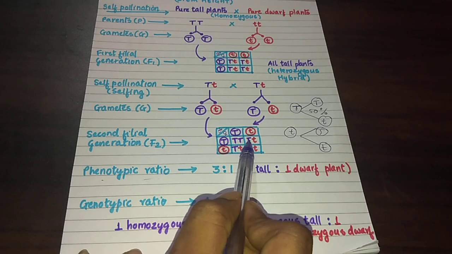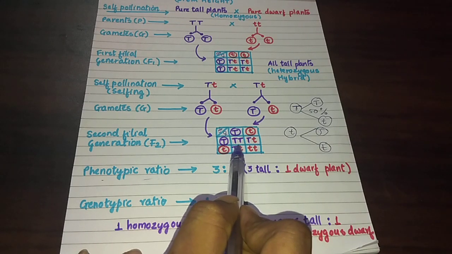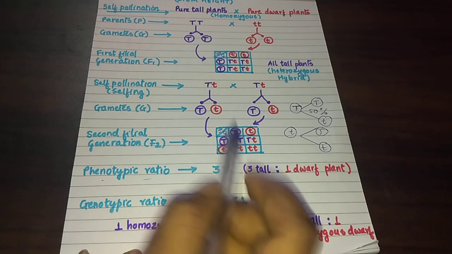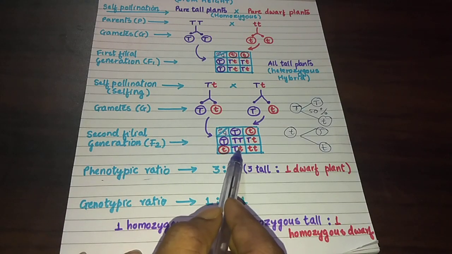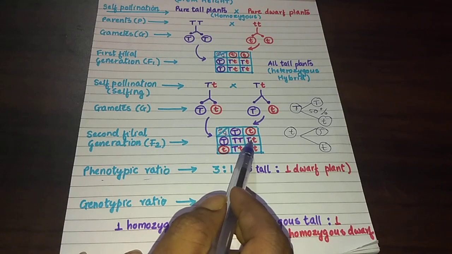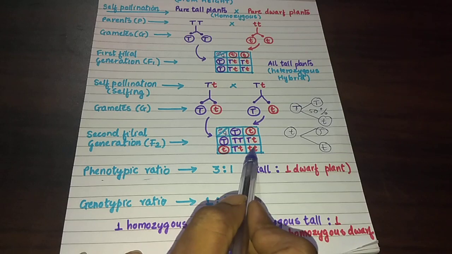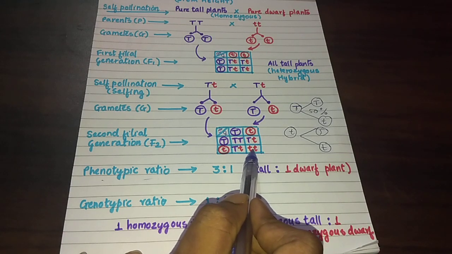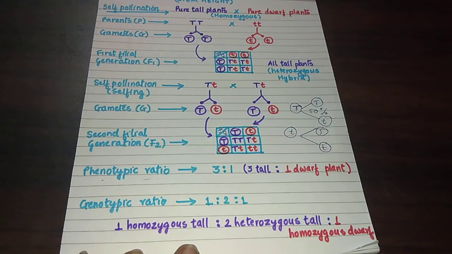Then we see the other genotype, capital T small t. Again one more capital T small t is mentioned in these squares, which is different from the pure tall plants. So it is heterozygous, or we can call it hybrid tall plants or heterozygous tall plants, whereas the other one is a pure dwarf plant, which is exactly similar to one of the parents, that was a pure dwarf plant.